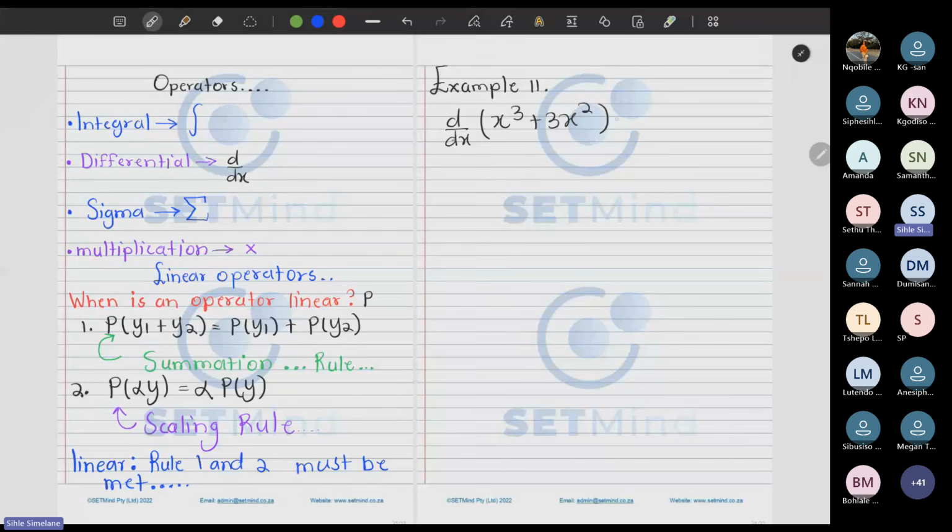We can easily differentiate this by dropping the 3, so you have 3x squared, and then you drop the 2, and you have plus 6x. You just derived it as it is.